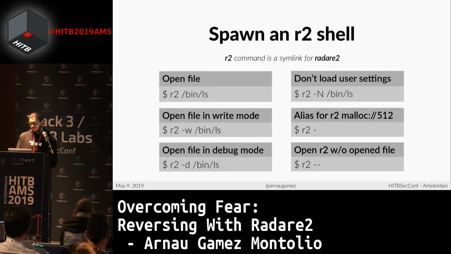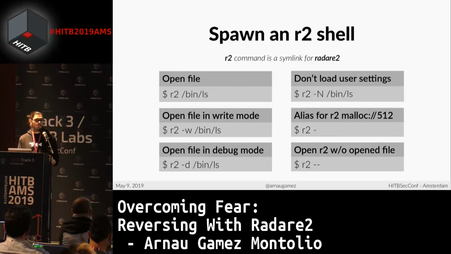And then there are two other quite useful commands, for when I just want to open a Radare2 shell, but I don't really want to open any file. I just want to look through it, or maybe explore the configuration to configure it. I just don't need to open a file. You have two options. The first one is just a dash.